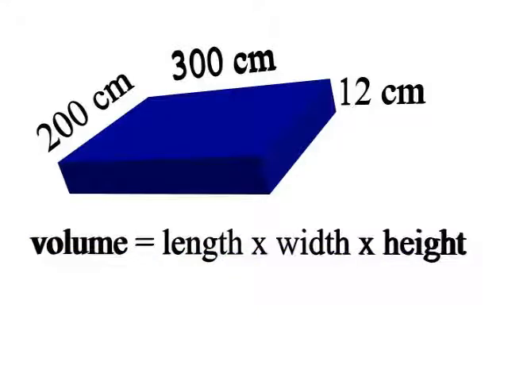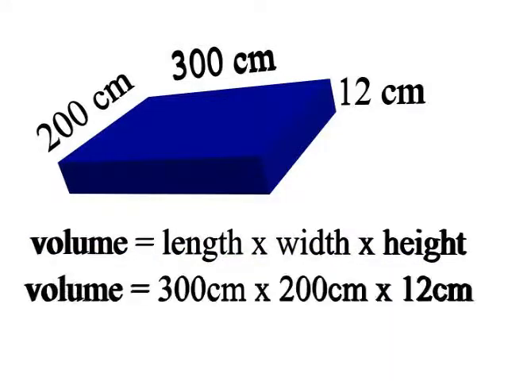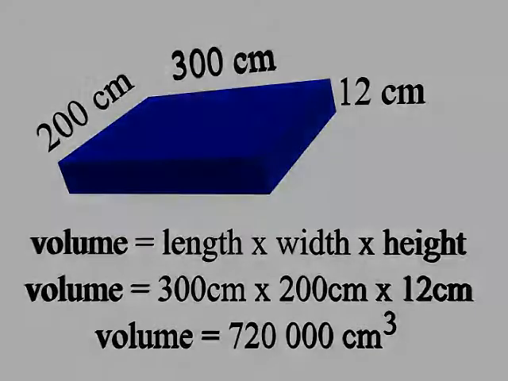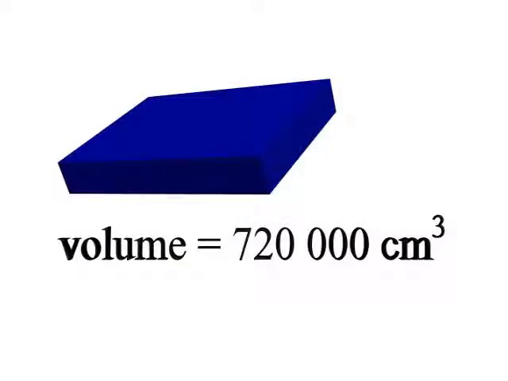The volume of a rectangular prism is length times width times height. That's 300 centimeters times 200 centimeters times 12 centimeters. This equals 720,000 cubic centimeters. This is the volume of the displaced water.